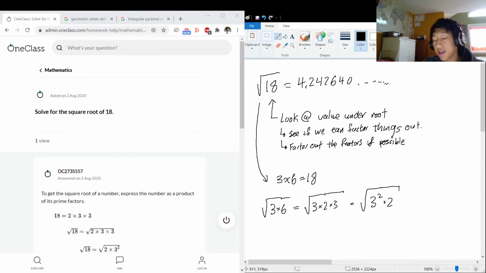And here's the magic part. Anytime you have something squared under the square root, you can bring it outside and drop the square, and remove the power 2.